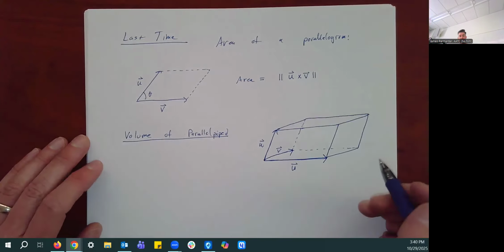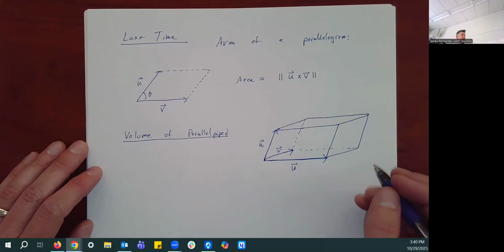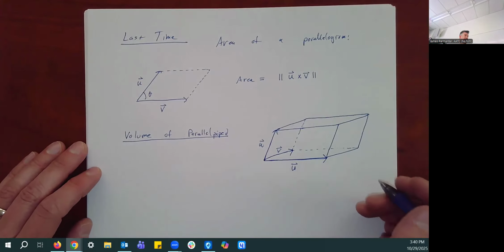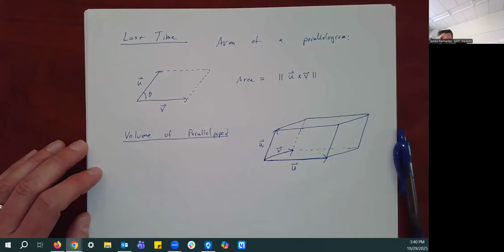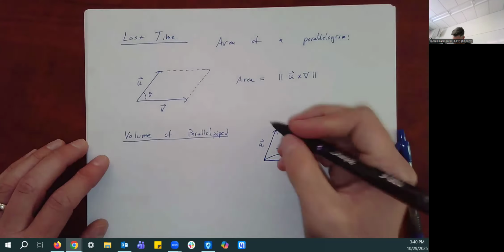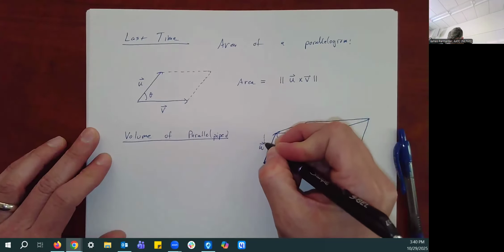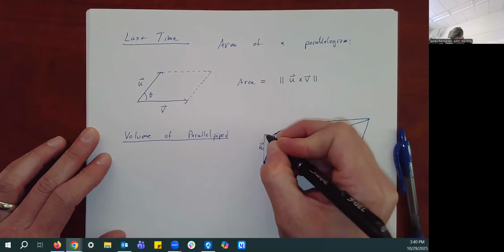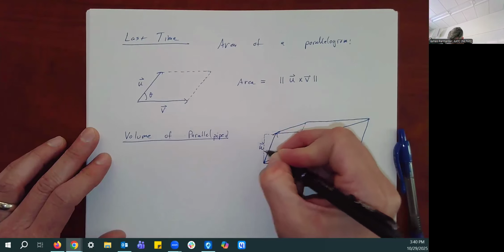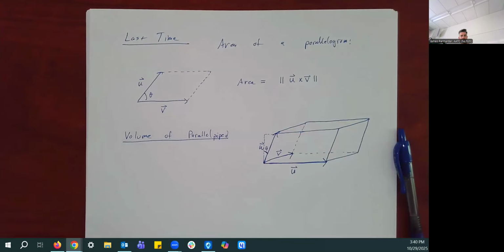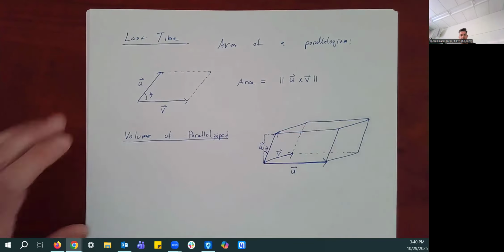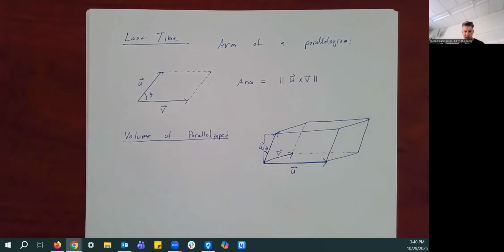And then all we have to do is multiply that by the height of this parallelepiped. So again, we've got sort of an angle going on here. So we need to know that angle theta right there to help us out. So let's do it.